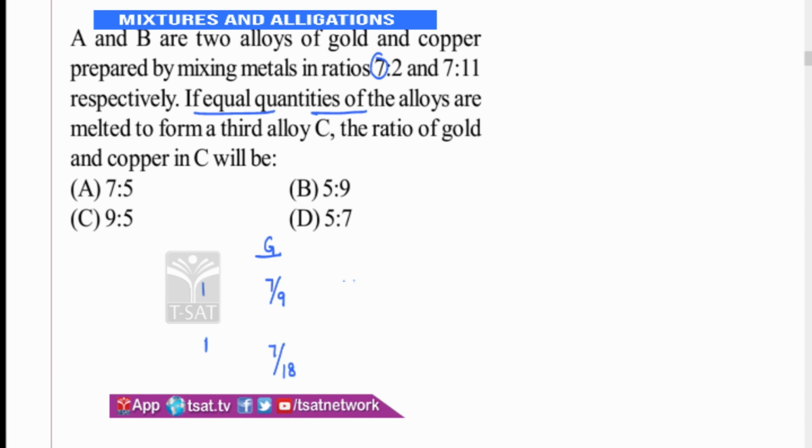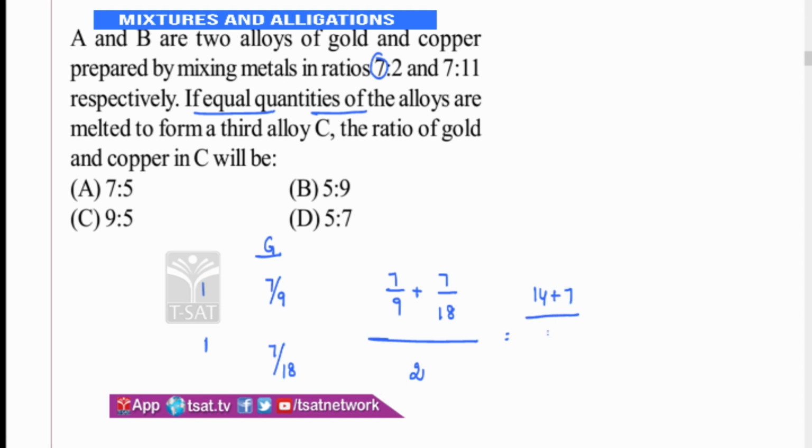In the resultant mixture, the formula says N1A1 plus N2A2, divided by N1 plus N2, that is 2. 1 into 7 by 9 plus 1 into 7 by 18. Take the LCM. LCM gives you 18. So 9 2s are 18, 2 into 7 is 14 plus 7, 21.